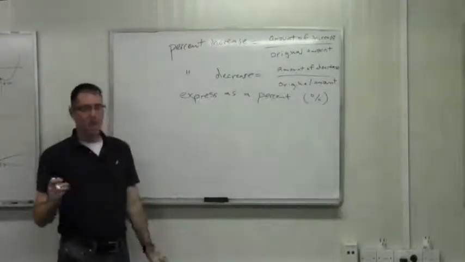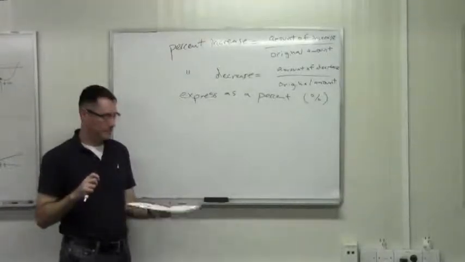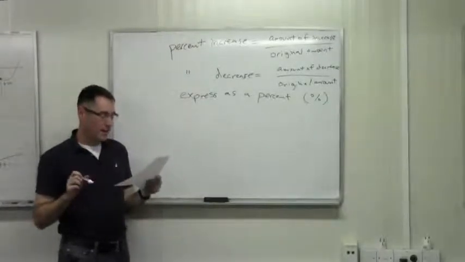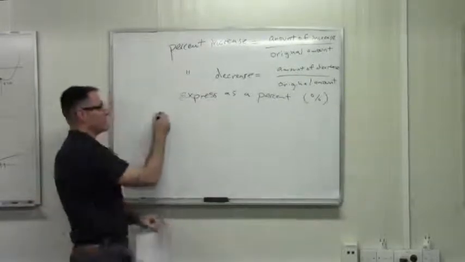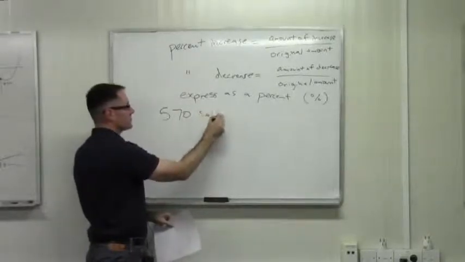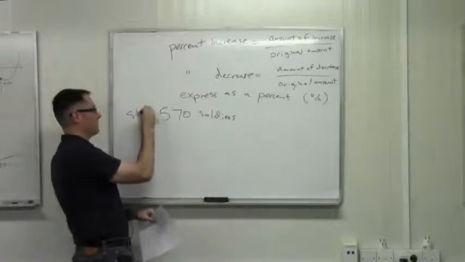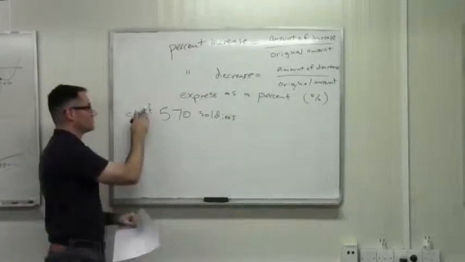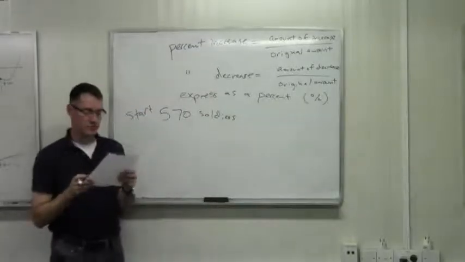OK. Here's your example. A battalion begins a mission with 570 soldiers. So at the start, you have 570 soldiers.